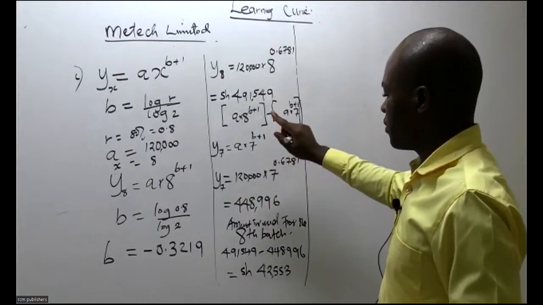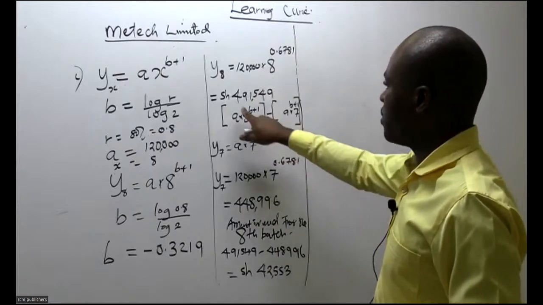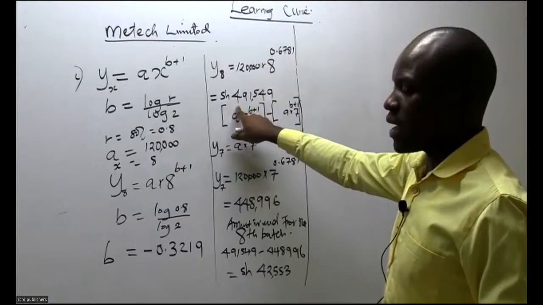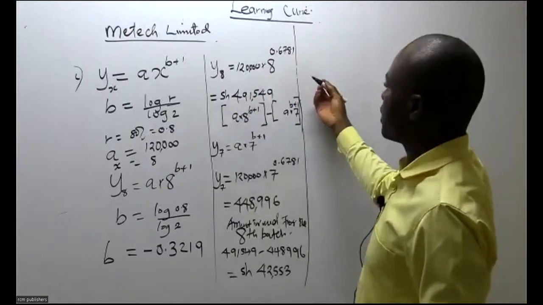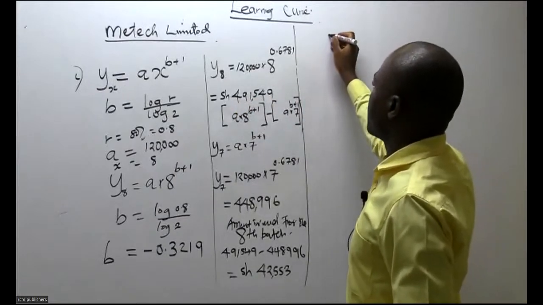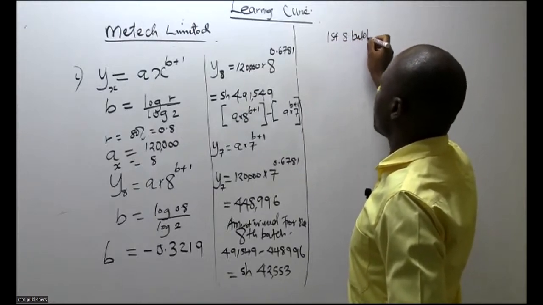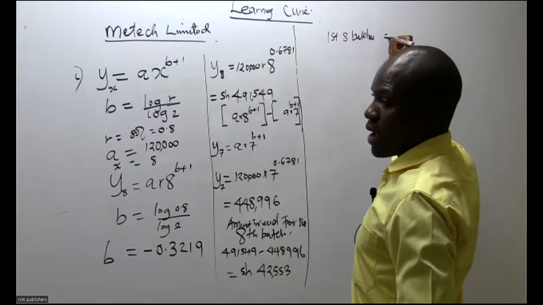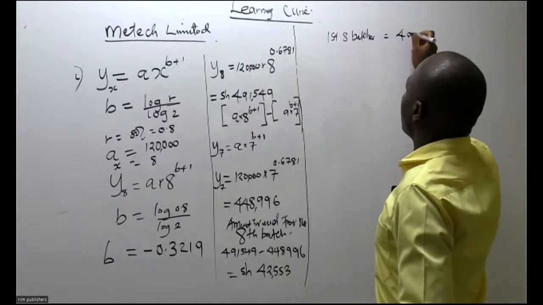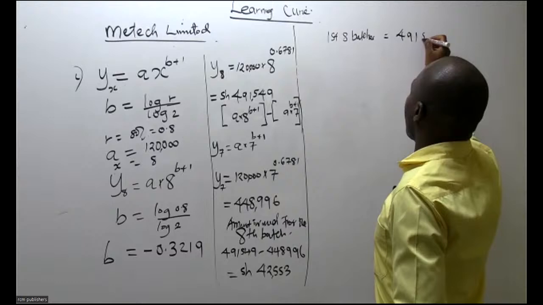The first 8 batches, how much did they incur? The first 8 batches incurred 491,549.